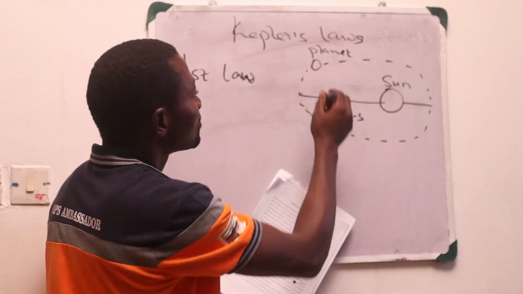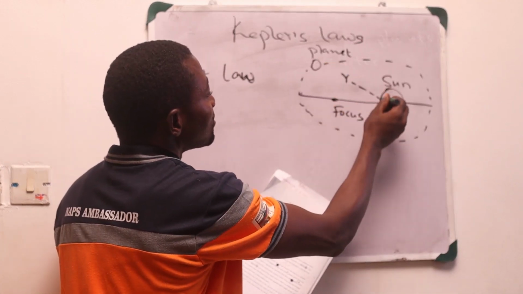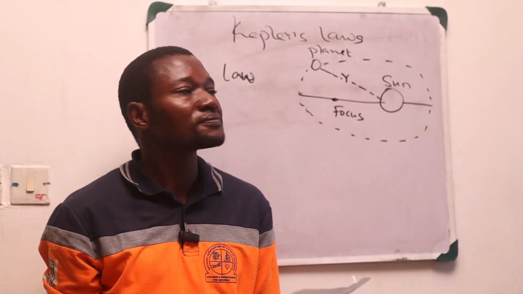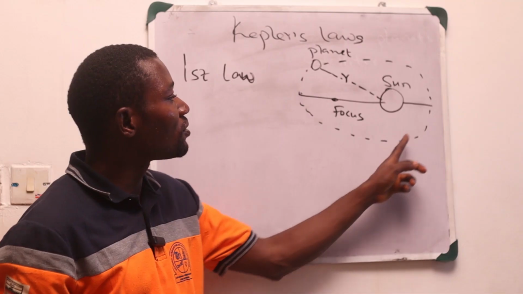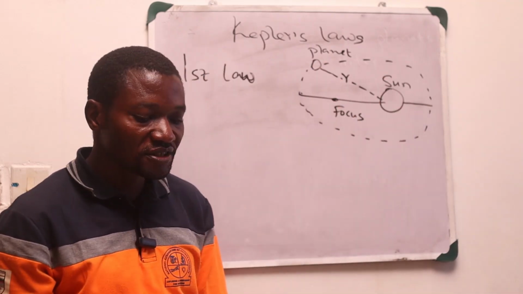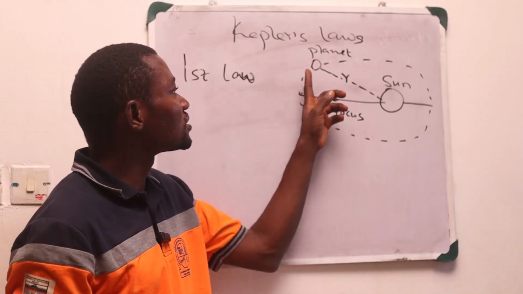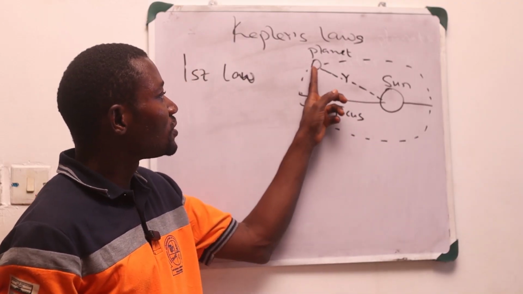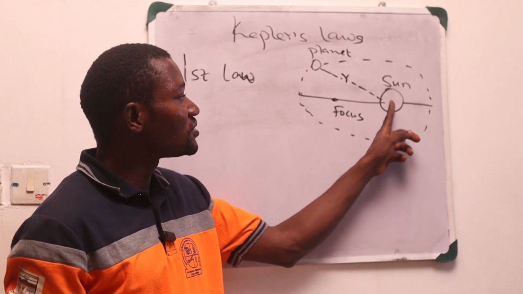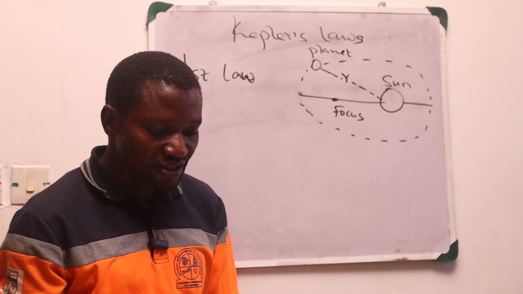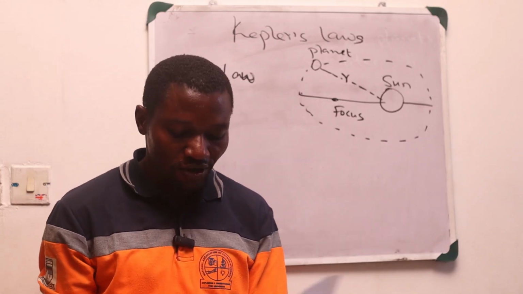So this is the sun, this is the distance between the planet and the sun, and each planet revolves around on its orbit, and at each point, the sun is at a focus. If the planet is here, the sun is still at a focus. At any point, the sun is still at a focus.